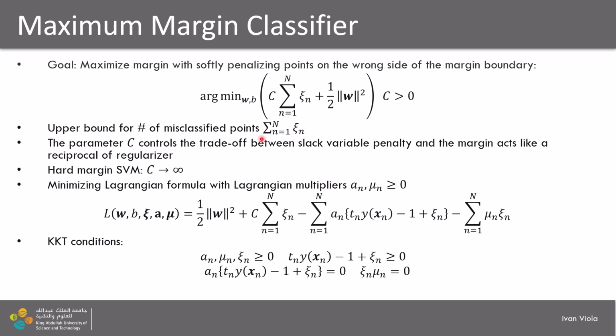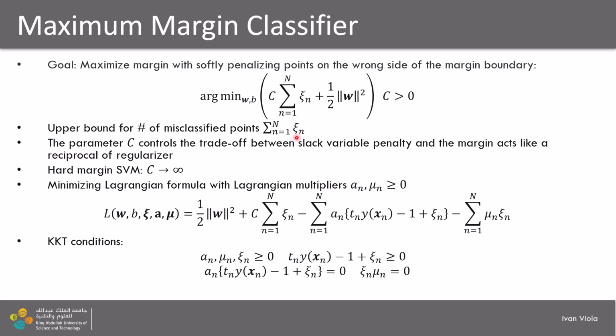It is an upper bound because if we are just on the decision boundary, this slack variable will be equal to 1, and if it is behind the boundary and farther away, then it will be increasing with the distance.